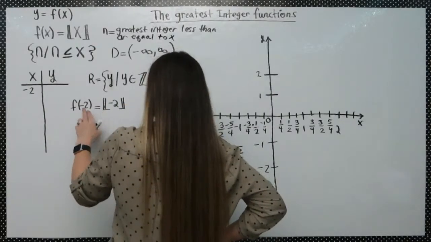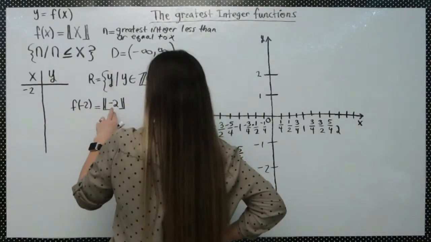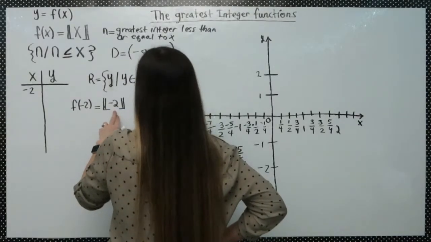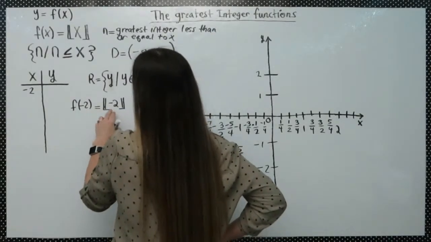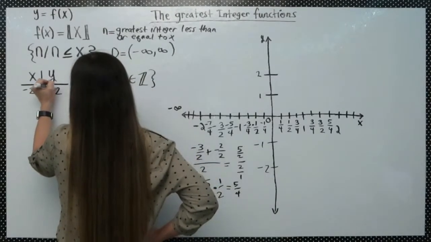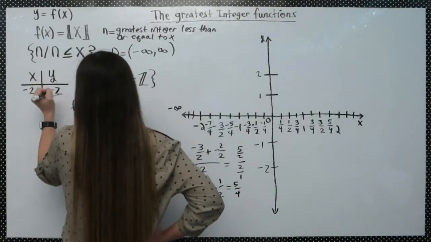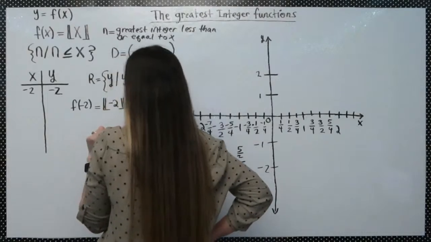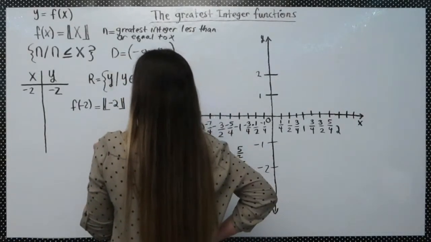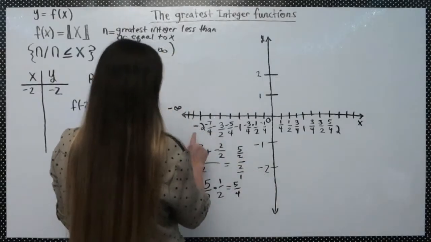So actually -2 is the greatest integer that is less than or equal to x. So it's just -2 at this point. Okay. What's the next value on the graph though?